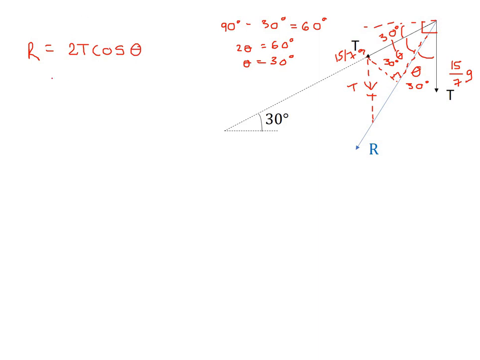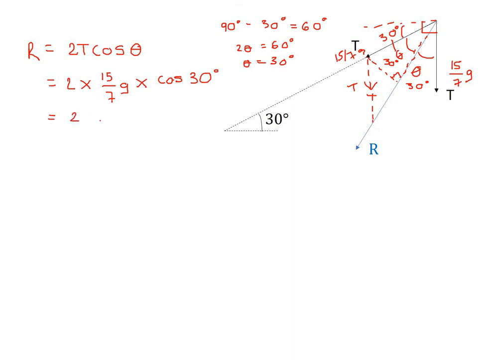If it doesn't make sense, do email me and I'll try and explain it in a slightly different way. So if we plug in all our bits and bobs, I've got 2 times 15 over 7g. I'm going to leave it in its exact form, or as exact as possible, just for the time being. Times by cos of 30, we find out that angle was.